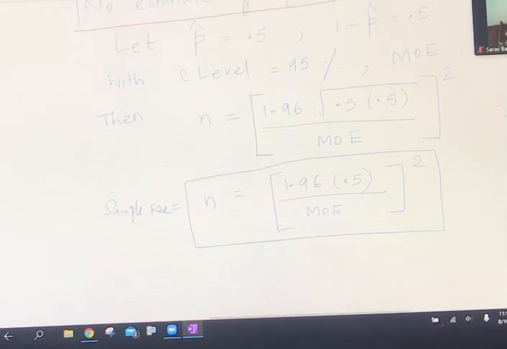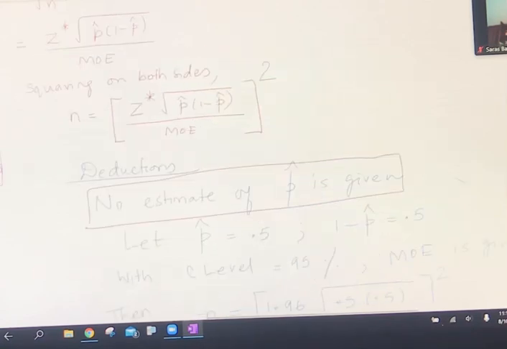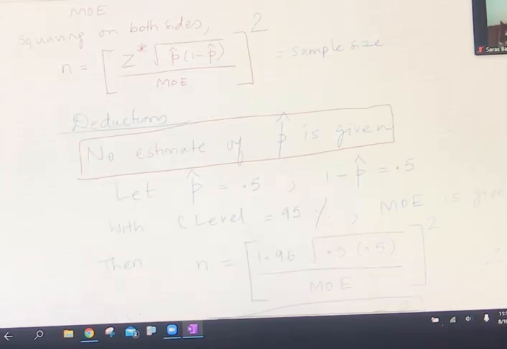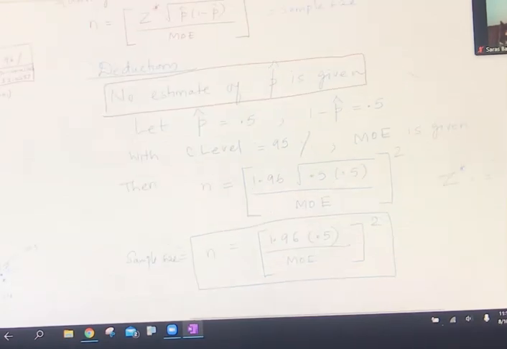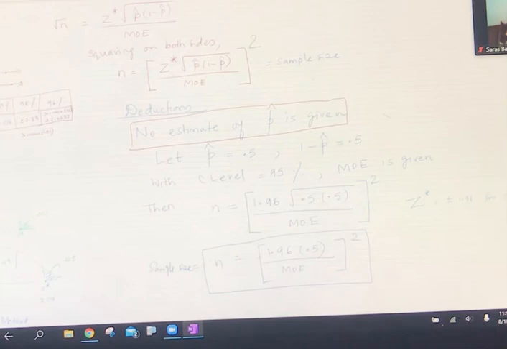This is the sample size formula. It is the deduction result. Suppose you are not given the p hat value, then you can assume it as 0.5, and it goes in the formula. It is coming from the earlier formula, so this is only the deduction result. So far we have seen three formulas in chapter 19.